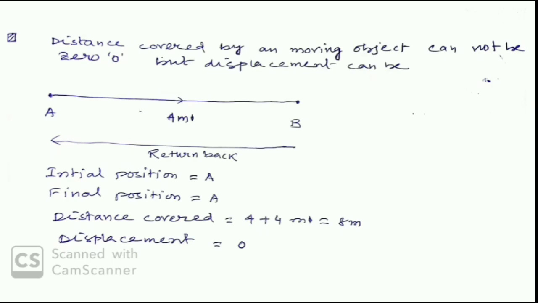But the initial and final position is same. That's why displacement is equal to 0 here. So it is proved that distance covered by a moving object cannot be 0, but displacement can be.